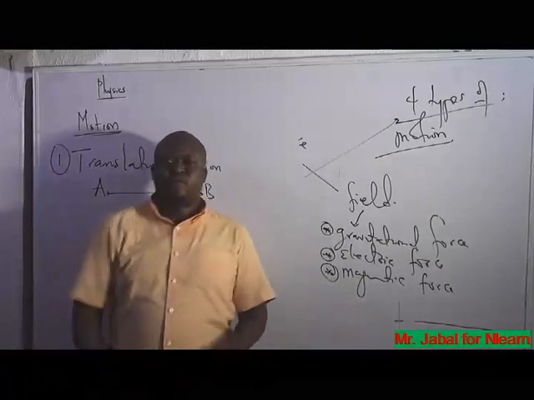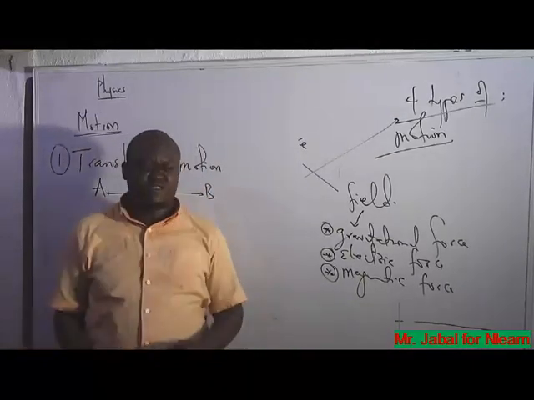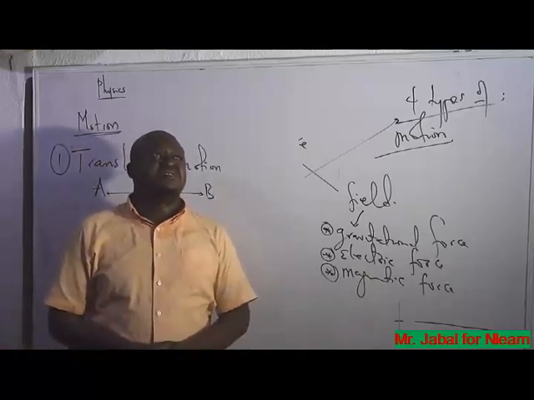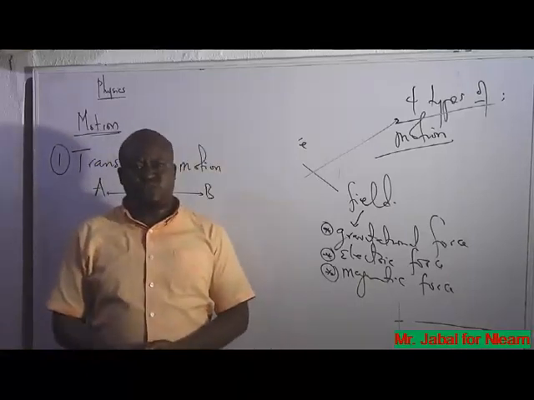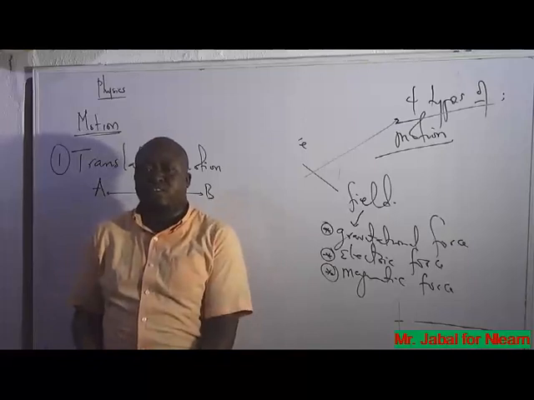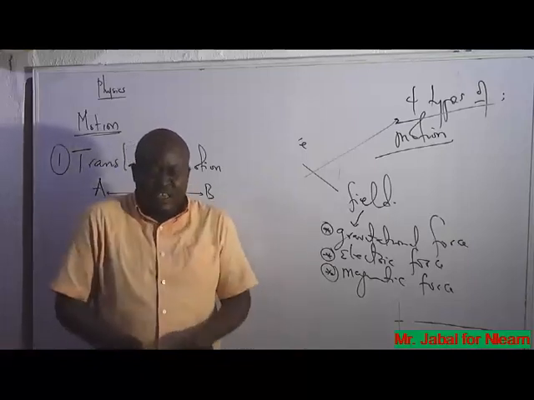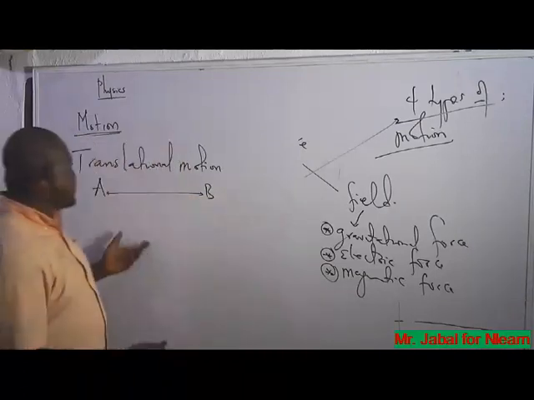You kick a ball from one point, it moves from that point to another point. It's just translational motion. Translational motion has nothing to do with the direction the ball was going, but you just know that it moved from one point to another. The direction is not important. It just moved from point A to point B. That's what you're interested in.